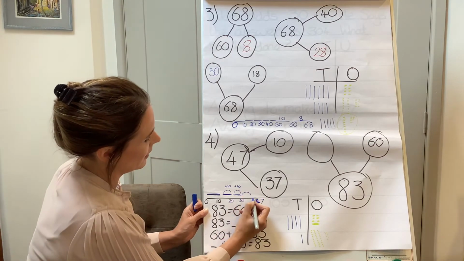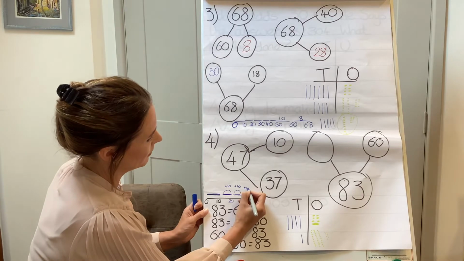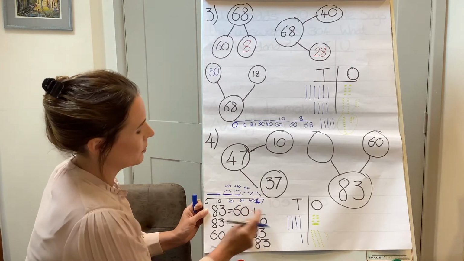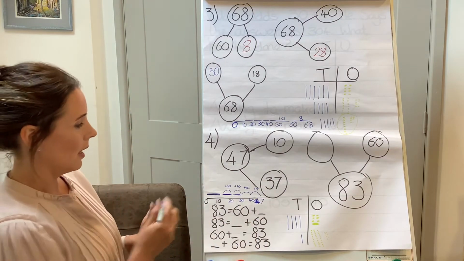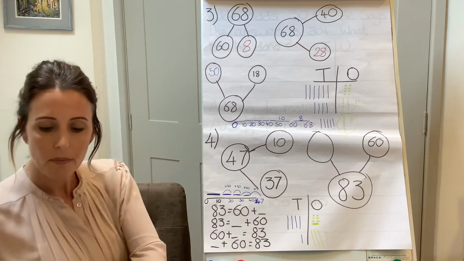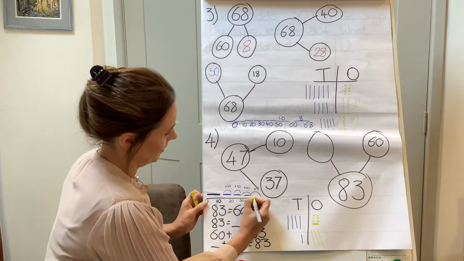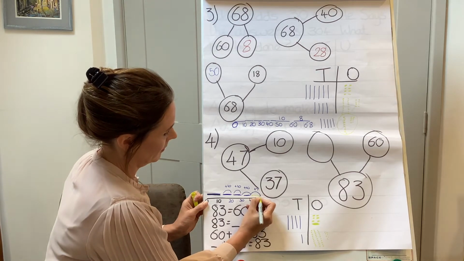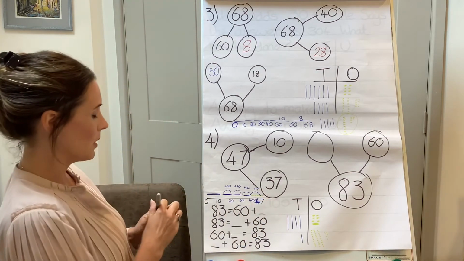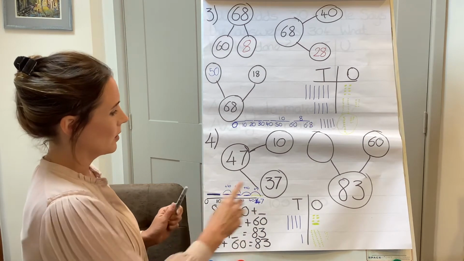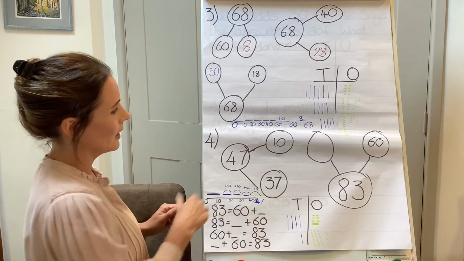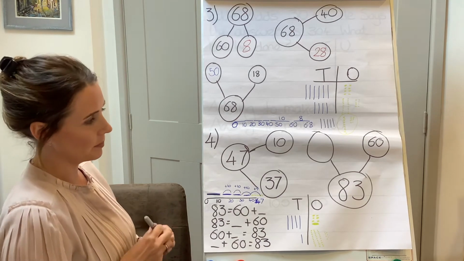And then another 10 would take us to 40. And then how many would we add on to get to 47? It would be 7 ones. And altogether we have added on 10, 20, 37. So 37 and 10 go together to make 47.